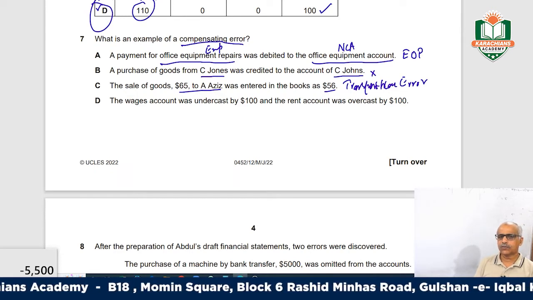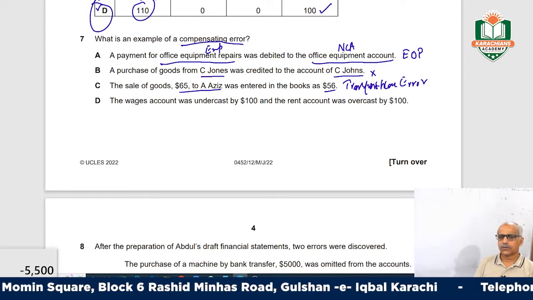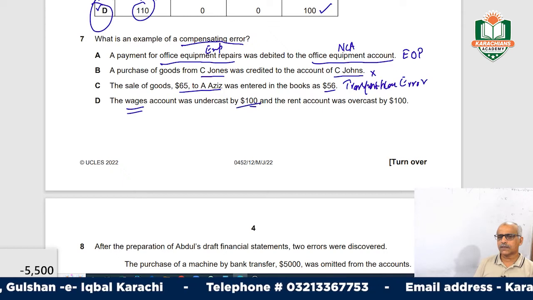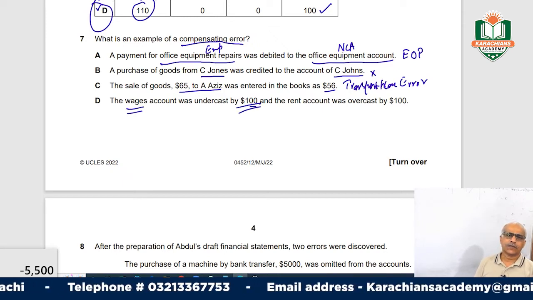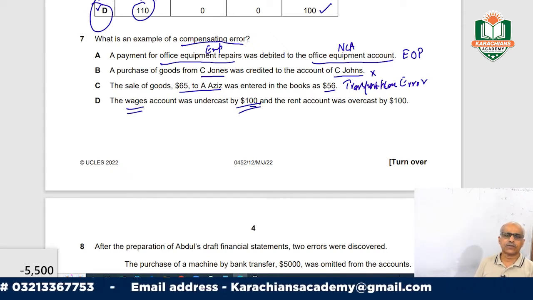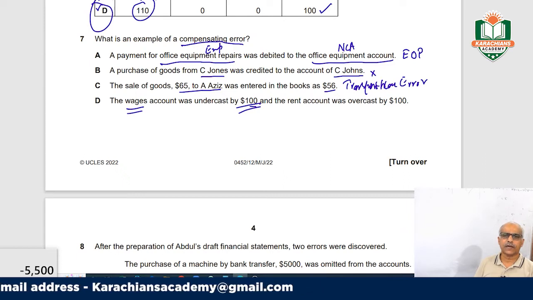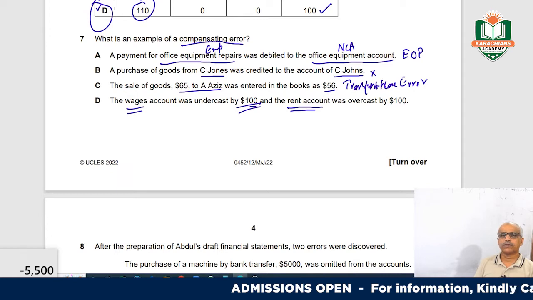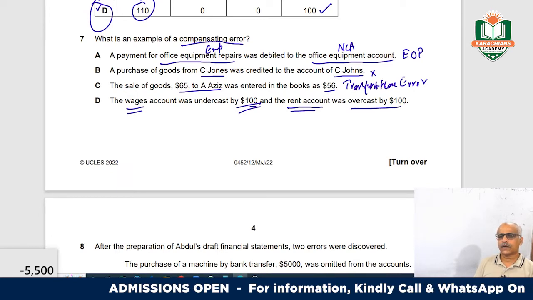The wages account was undercast by 100. So your wages were reduced, which is a debit balance, and the trial balance should not match. But on the other side, the rent account, which is also an expense, was overcast.